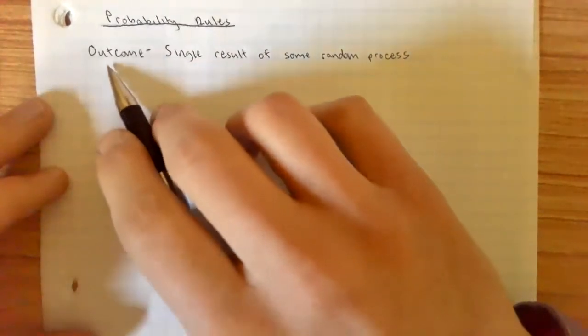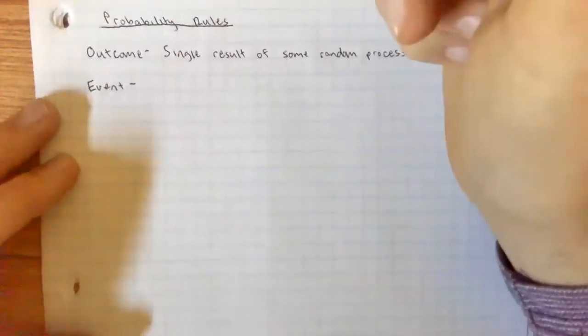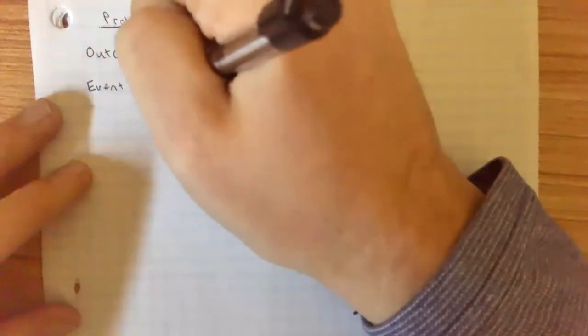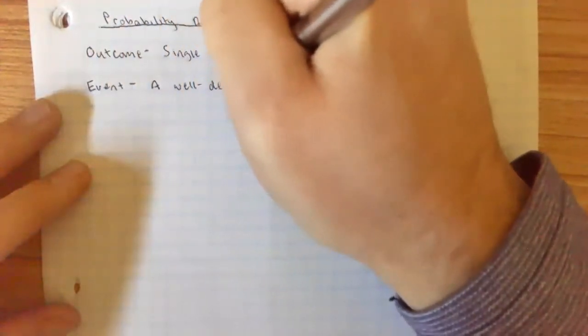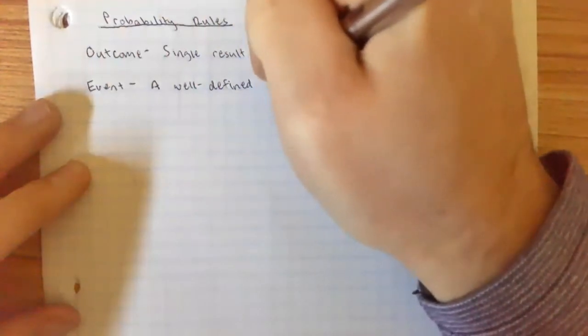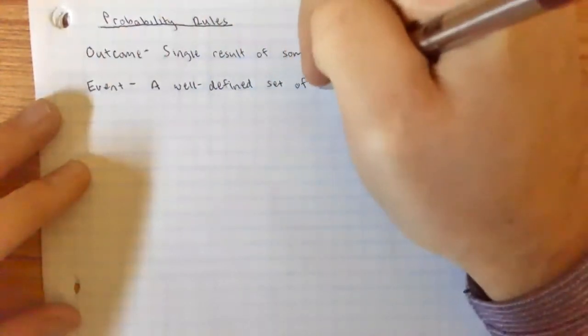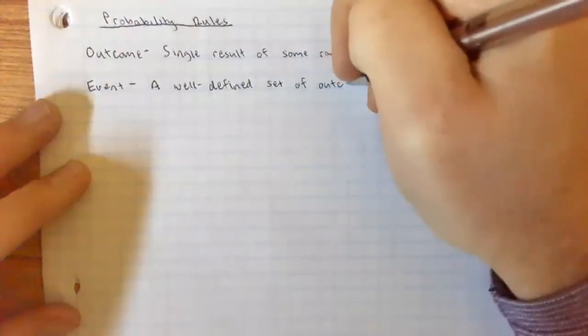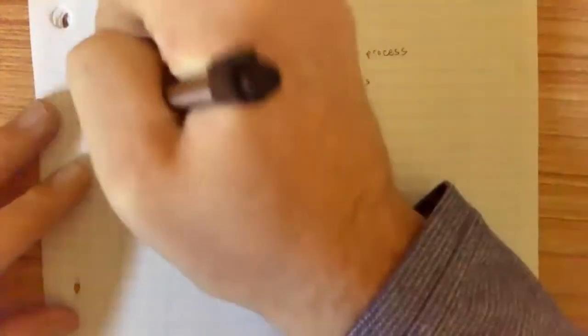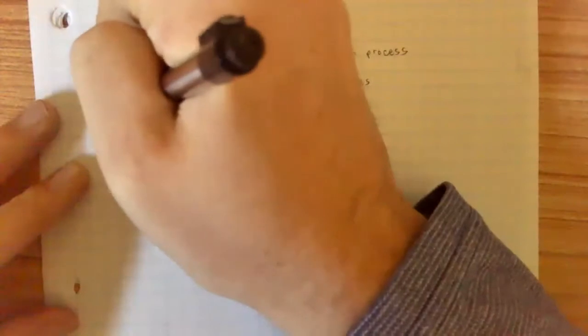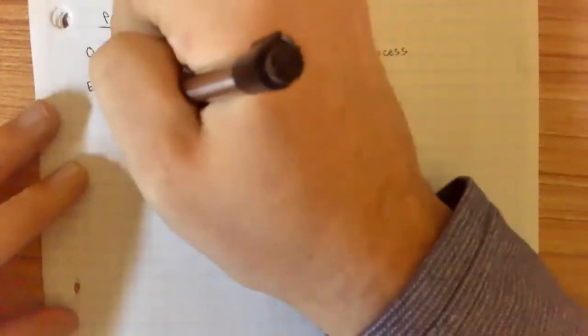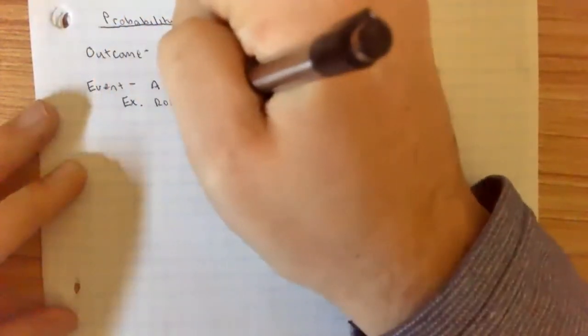Outcomes lead into the next term that you're going to hear a lot. It is called an event. An event in probability is a well-defined set of outcomes. So essentially, several outcomes in one. An example could be we roll a 6-sided die.